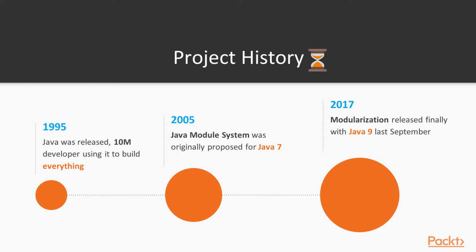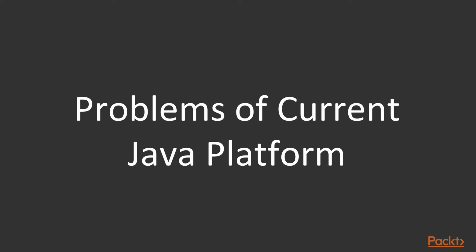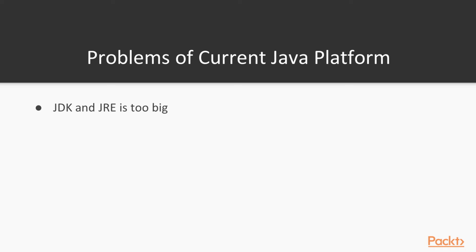Now, let's address the current system's problems to understand why all these efforts were made to bring modularity to the platform. Let's discuss why we need the Java SE 9 module system. From different perspectives, the question here could be, what is the problem of the current system? Java SE 8 or earlier systems have the following problems in developing or delivering Java-based applications.